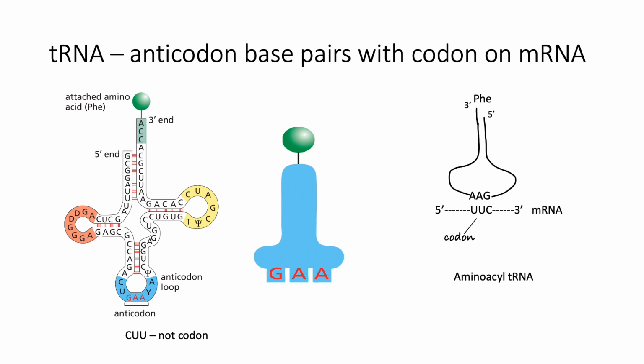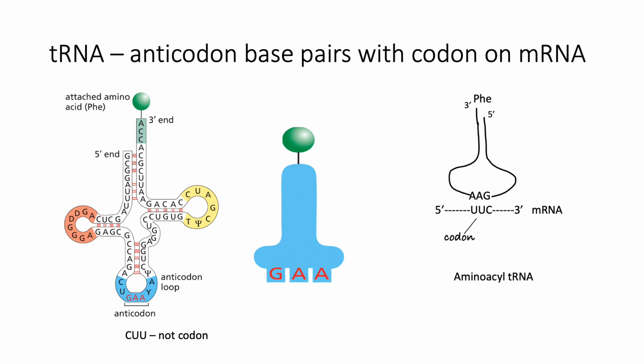And there's an enzyme that carries that out, which is called aminoacyl tRNA synthetase, which we'll look at in a second. So that's the transfer RNA with the anticodon, and it has the amino acid, so it's kind of like a hybrid amino acid, nucleic acid. Now, what I want to point out is, look at the codon.